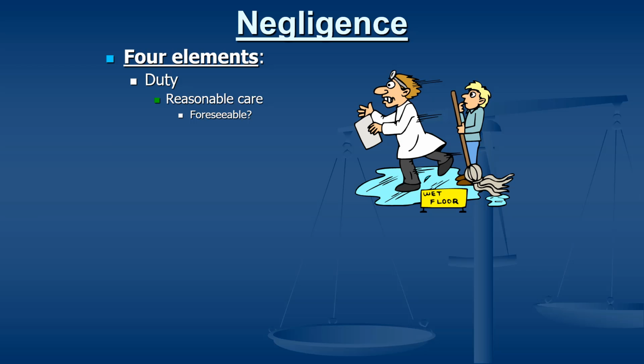In a negligence case, there are 4 elements that the plaintiff has to prove. First, he has to prove that the defendant owed him a duty of reasonable care. Reasonable care is the duty that we owe to pretty much anyone around us, anyone who could foreseeably be harmed by our actions.